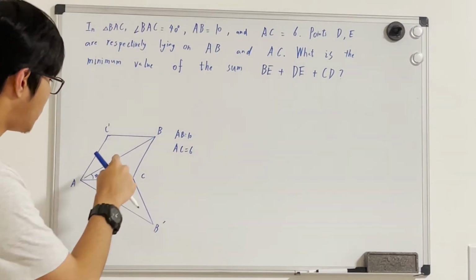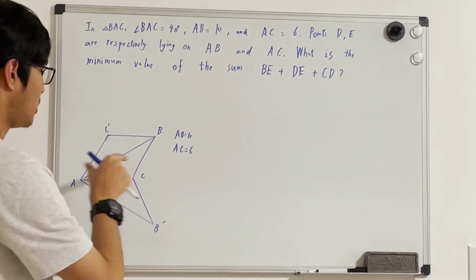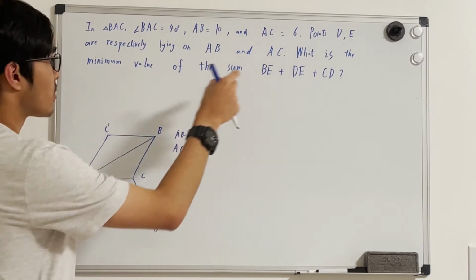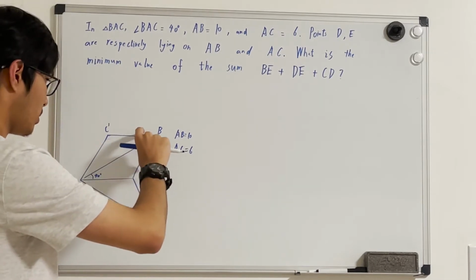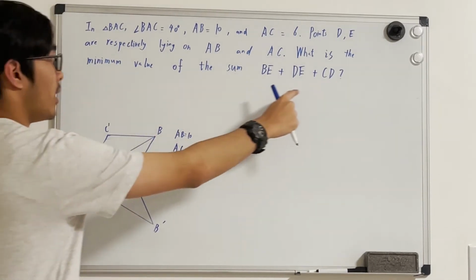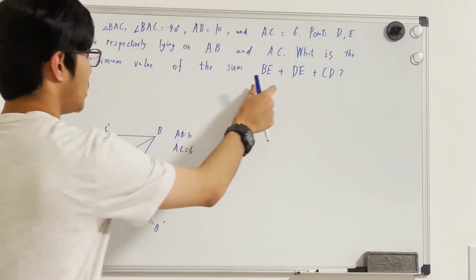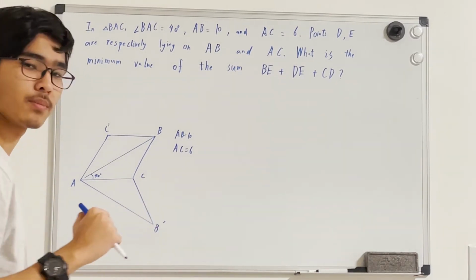We already know that D lies on AB and E lies on AC. So DE is between these two, and CD and BE are somewhere we're still trying to find. But here comes the magic.